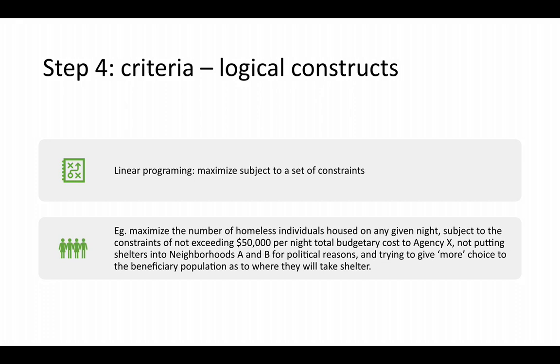Now this is related to political acceptability or political feasibility, right? Whether or not that's actually politically feasible. And trying to give more choices to the beneficiary population as to where they will take shelter.